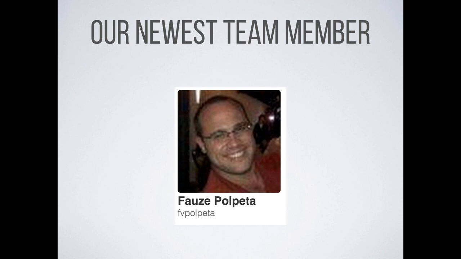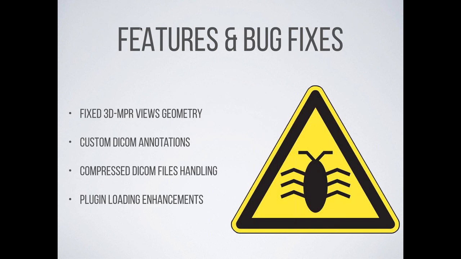We have a new release coming out, 1.0.5, on Monday that Fauzi's currently working on along with other community members. That version will address some additional bugs, and we can dig in a little bit on what those issues are that have recently been addressed.